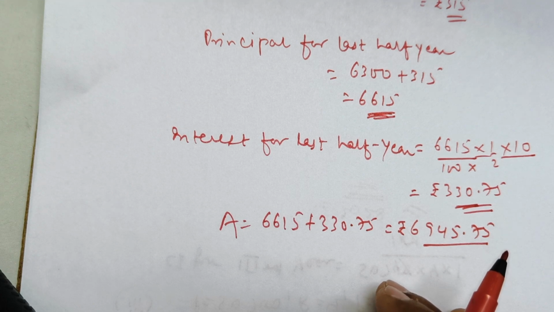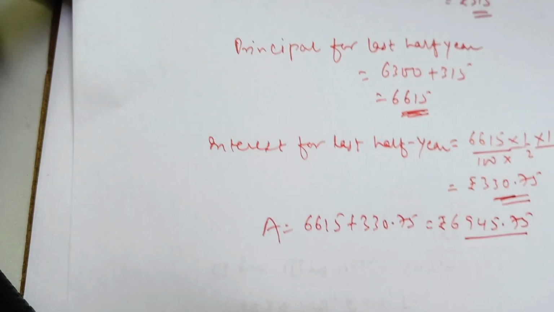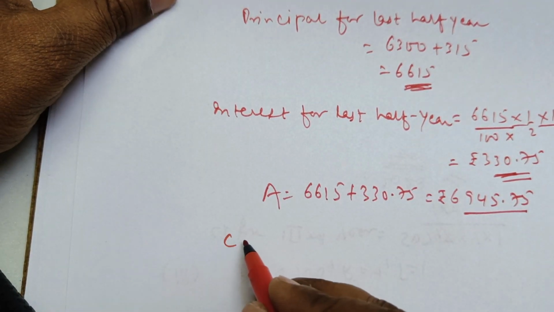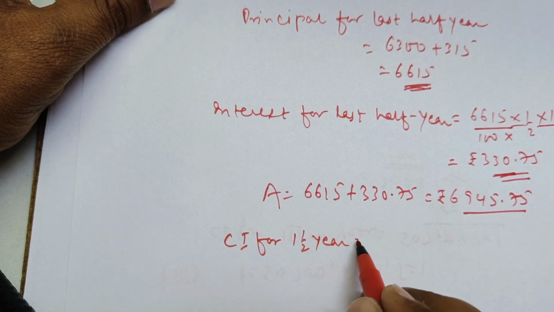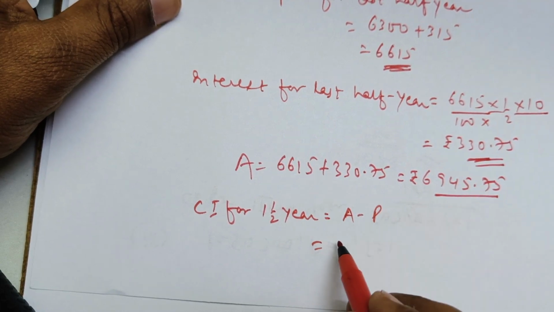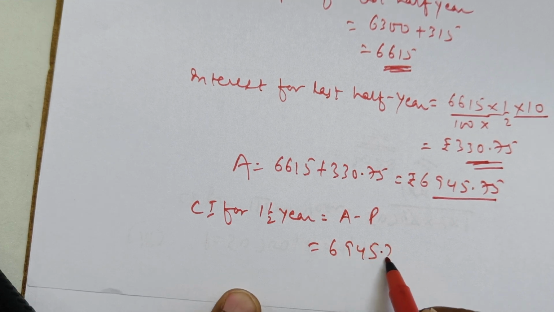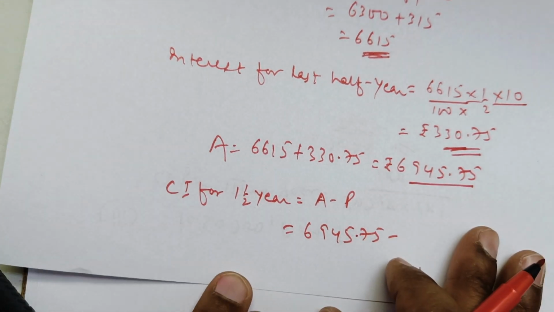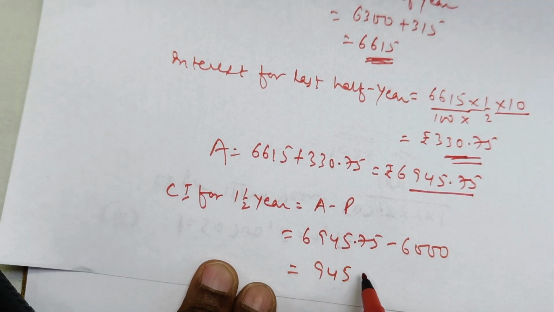So eventually, the compound interest for 1.5 years is the amount minus the principal. So the final amount is 6,945.75 minus the principal, which was 6,000. So that is 945 rupees and 75 paisa.